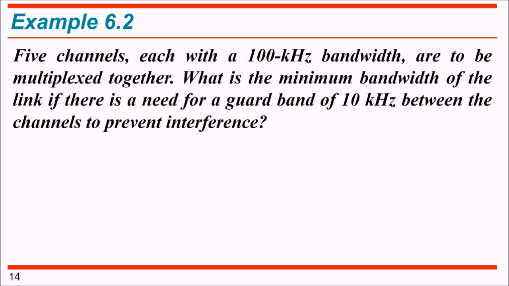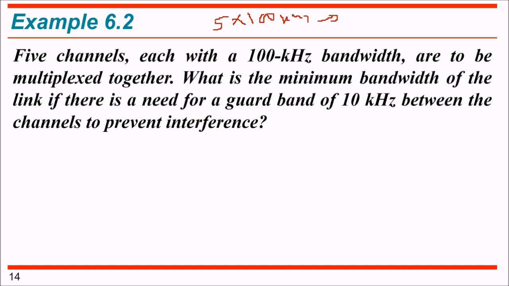5 channels each with a 100 kilohertz bandwidth are to be multiplexed together. What is the minimum bandwidth of the link if there is a need for a guard band of 10 kilohertz between the channels to prevent interference? So now we have 5 channels, and each has 100 kilohertz bandwidth.